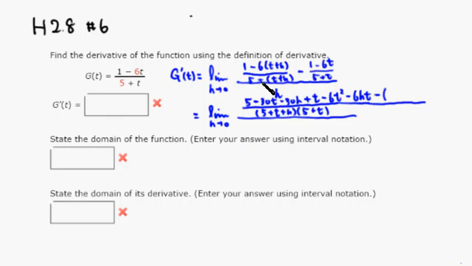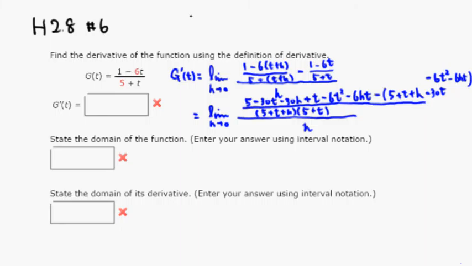So 1 times 5 is 5 plus t plus h. Negative 6 times 5 is negative 30t, and negative 6t squared minus 6ht. Then all over h.